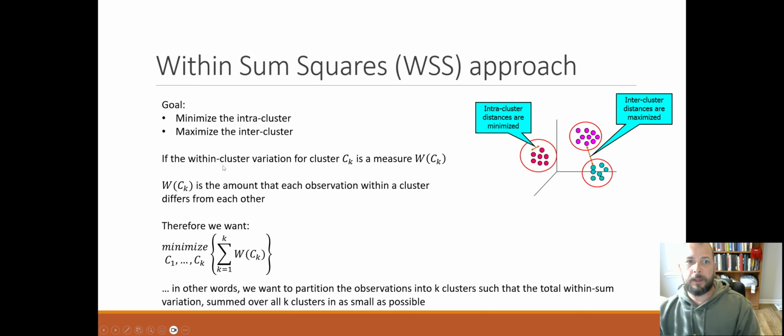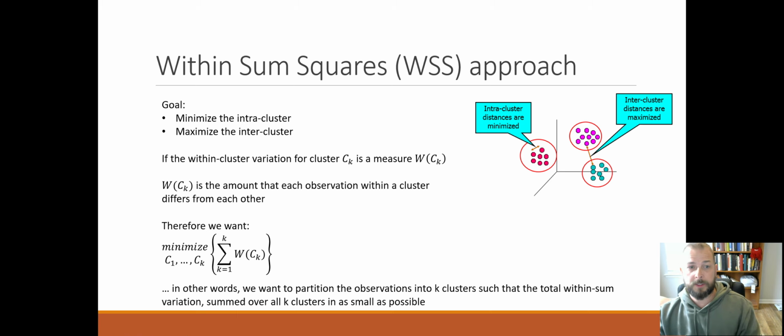Mathematically this is described as follows. The within-cluster variation for cluster C sub K, we call a function W of C sub K. This is the amount that each observation within a cluster differs from each other.